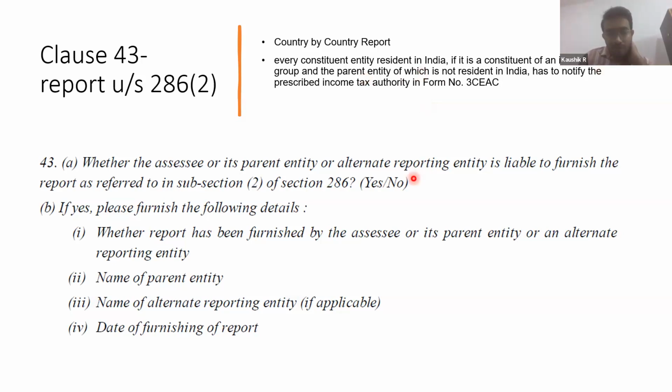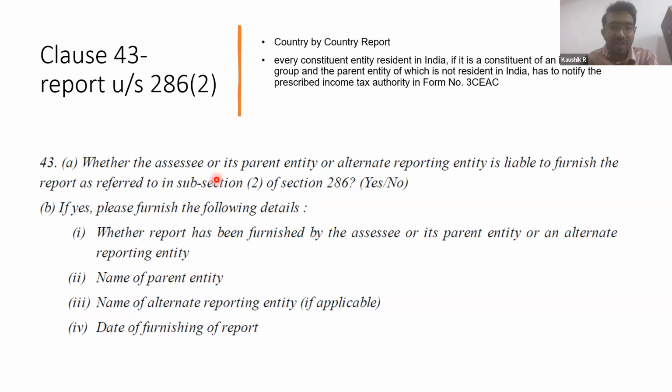There is a threshold also for this, some 400 crores, I believe. So usually it does not come for small organizations. If such a quantum of group transactions is there, then the constituent entity in India has to do this additional reporting.